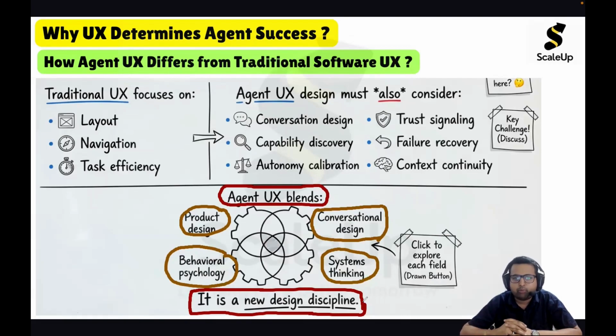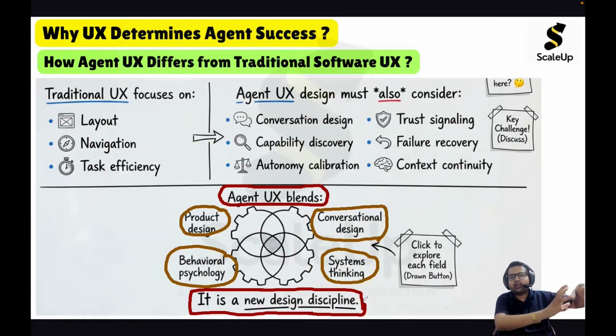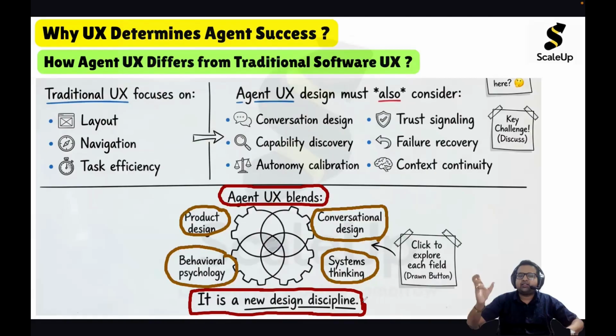We are talking about product design, which is about the functionality of the product; conversational design, the interaction; behavioral psychology, how the system is interacting with the user and winning the trust of the user; and systems thinking.